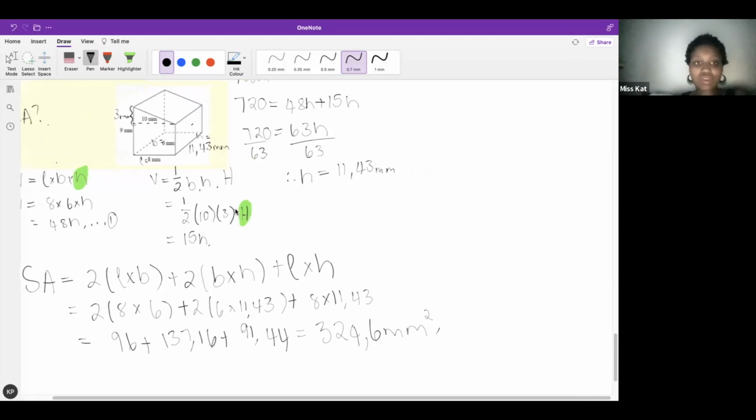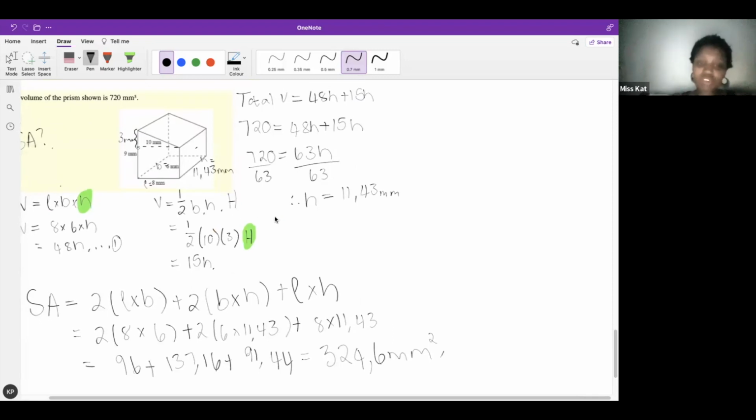Now let's look at the triangular prism, right? So it's the bottom part that's missing. So we're still going to have the two triangles, right?